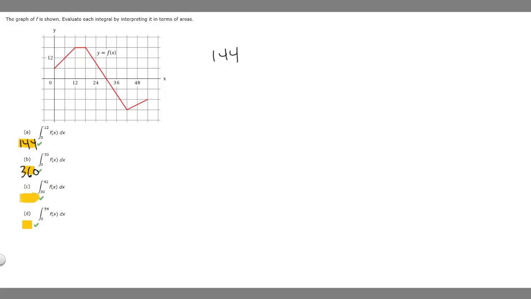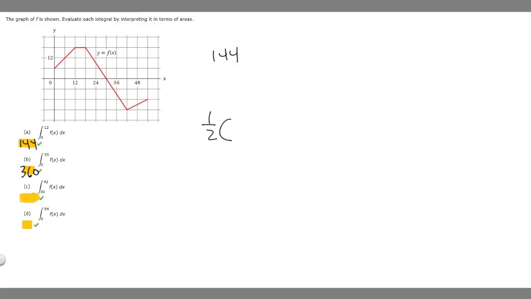So it's from 30 to 42. What you should notice is that this goes down below our x-axis. So our area is actually going to be negative because we're calculating area below the x-axis. Just keep in mind whatever answer we get here is going to be negative. We're doing 30 to 42, so it's one big triangle. It's just 1/2 base times height.